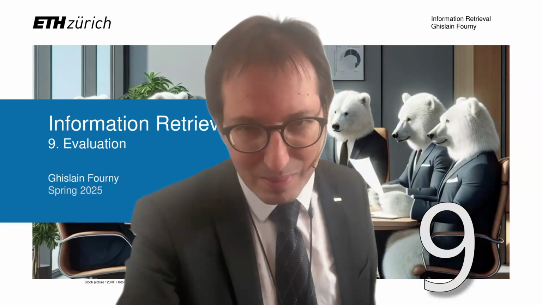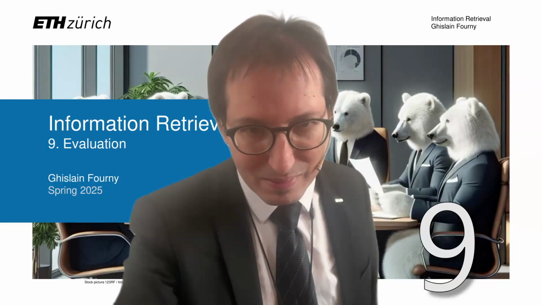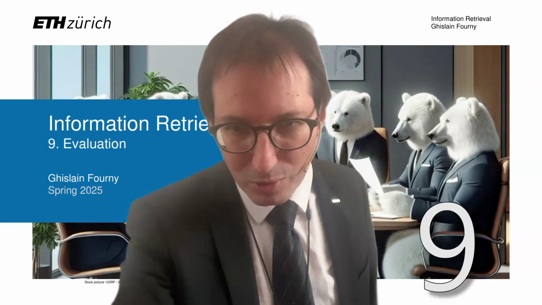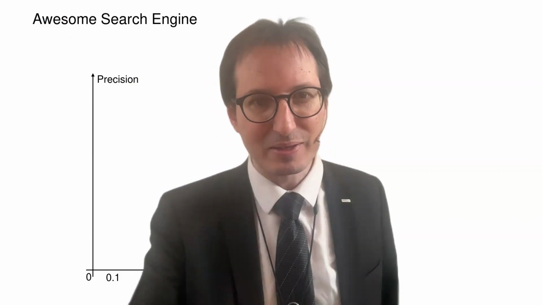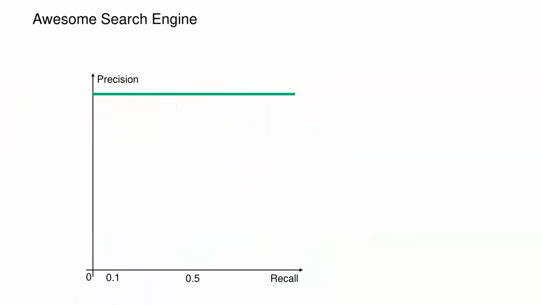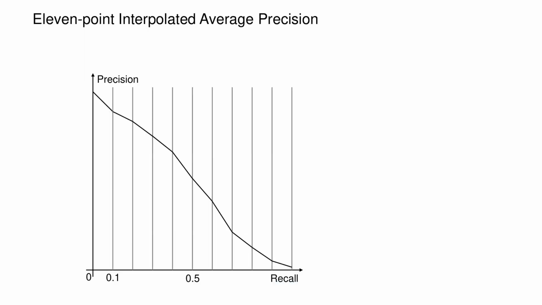I think we were close to here. You remember that I left you with the evaluation of precision and recall for ranked retrieval systems, for example, the vector space models. So these are systems that return the top K results, the top 10.